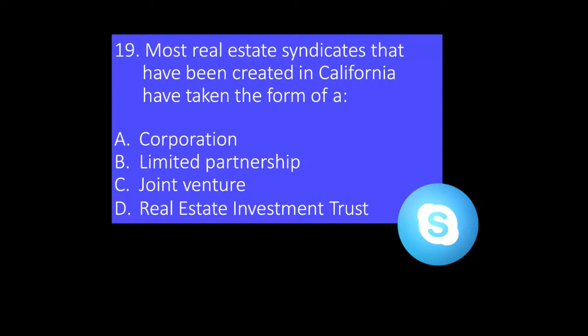C and D, I eliminate it. C is joint venture. Okay. So the real estate investment trust has nothing to do with a real estate syndicate. Okay. That's my elimination rationale. So it's either A or B. Okay. It could be a partnership, it could be a limited partnership, but it could be a corporation.